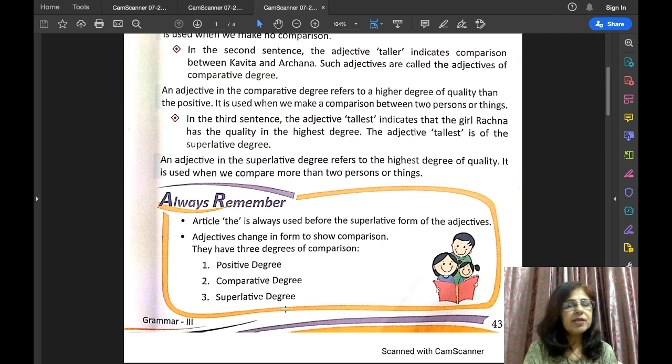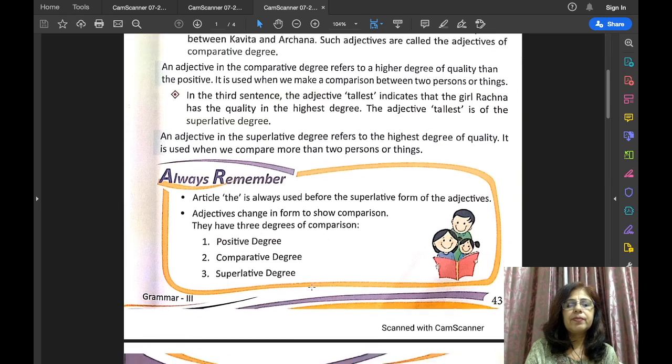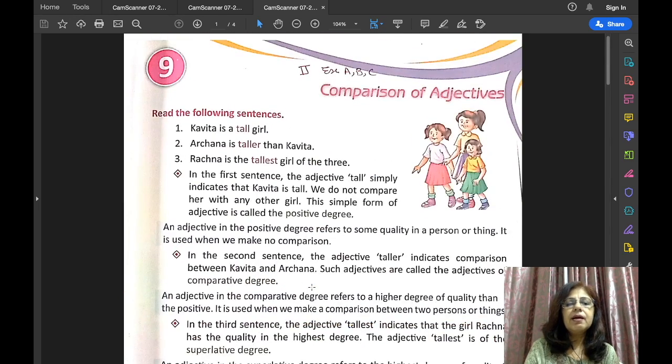Always keep it in your mind that before superlative degree we have to use article the. Like here, we have used the superlative degree tallest. So, before tallest we have used the article. Rachna is the tallest girl of the three.